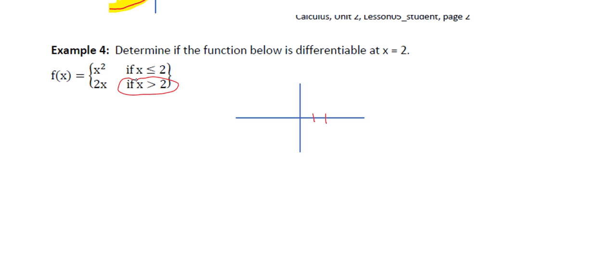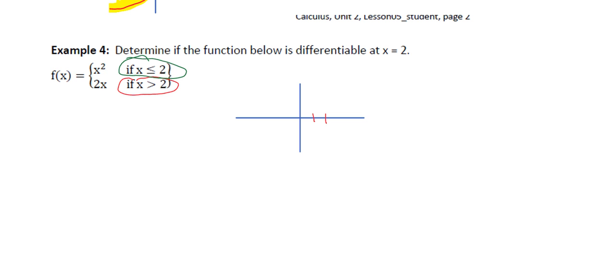So when x is greater than 2, I follow the line 2x. When it's less than 2, which I'll do in green, we follow x squared. So let's first see if it's continuous just by using algebraic techniques, just plugging it in.